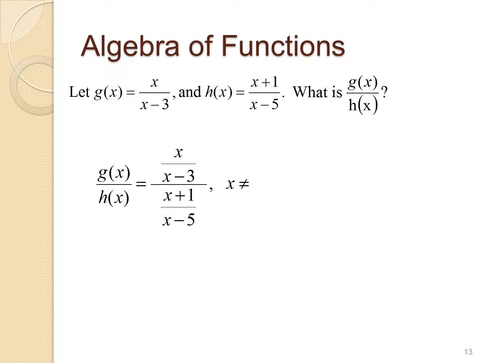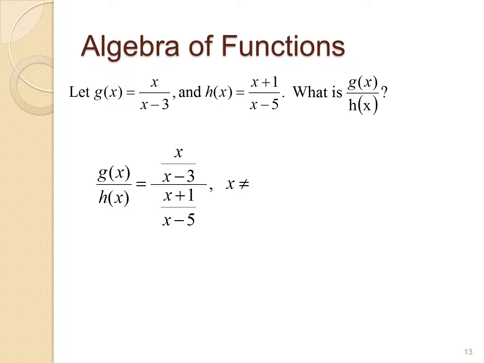However, there is another value that x cannot equal. If the numerator of h of x is 0, if x is negative 1, then you get 0 for all of h of x, 0 over some number. Well, I guess it would be 0 over negative 6, which is 0. But then you would replace that here and say, oh, well, it's g of x divided by 0, and that can't be.